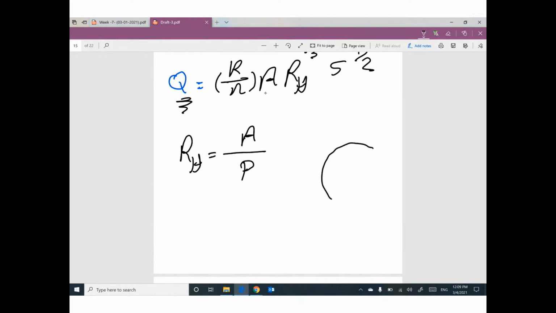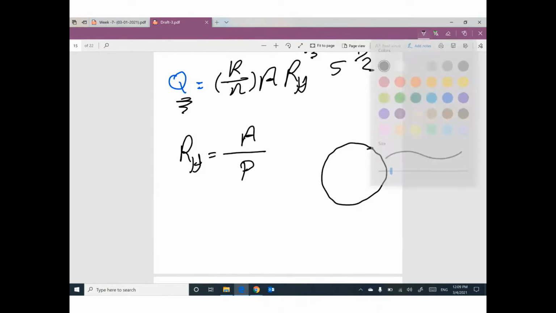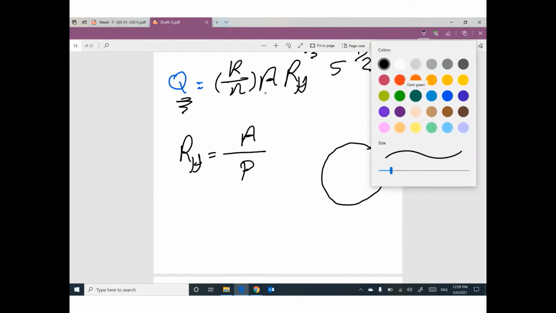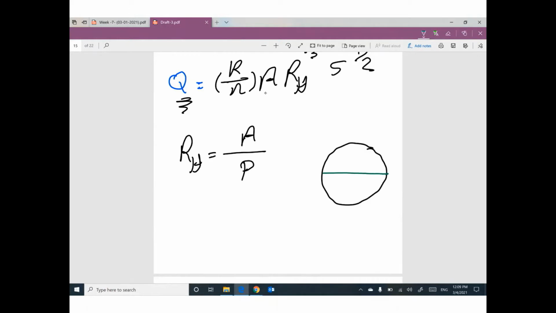If you have a circle and this circle is half full, like this, I still can figure out what the area is. It's a half circle. I can figure out what the wetted perimeter is. It's half the perimeter of the circle. So I can figure out the hydraulic radius.